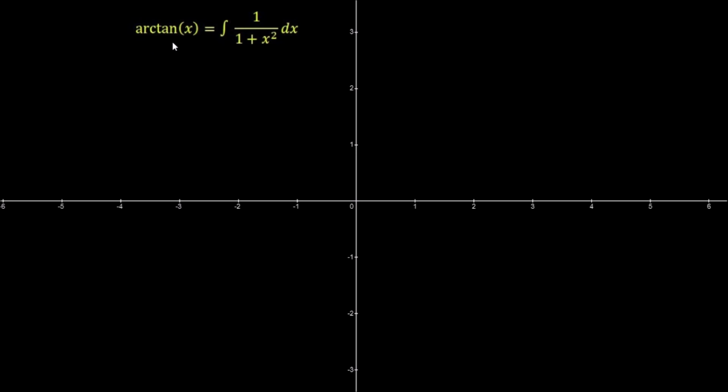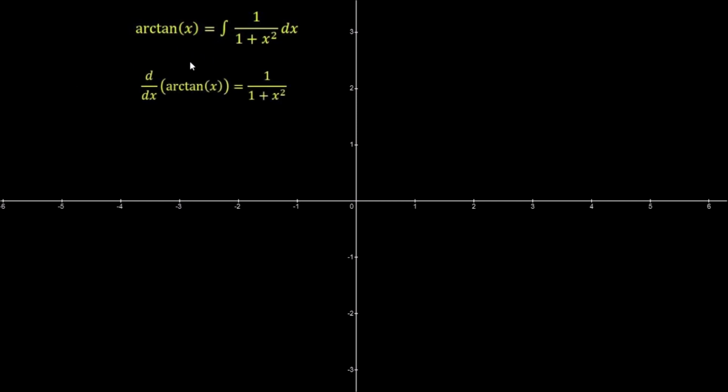And in the inverse function, we go from a length to an angle. So in this instance here, the value x is a length, and when we find the arctan of x, we get out an angle.